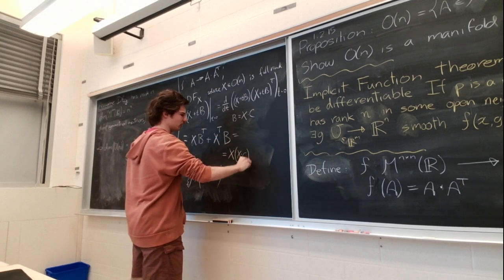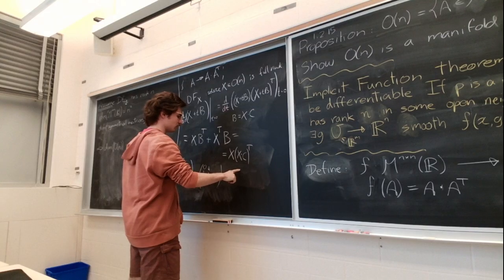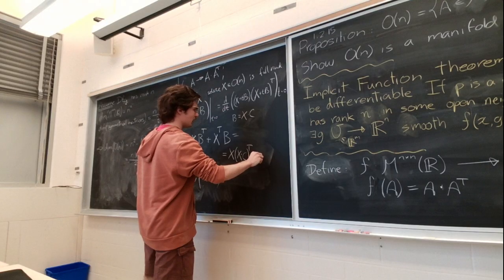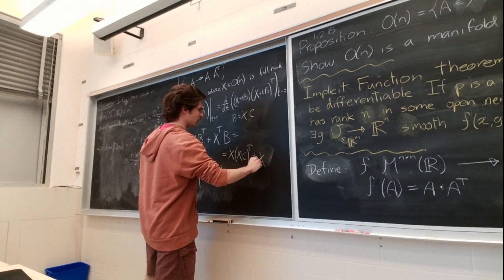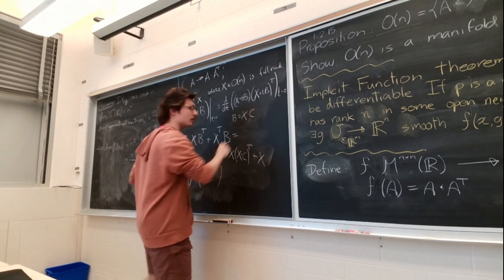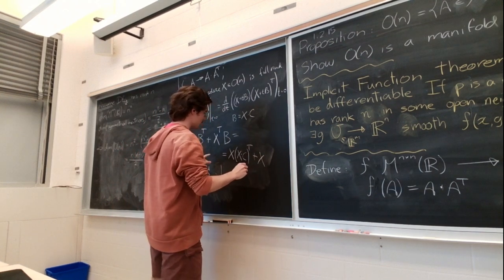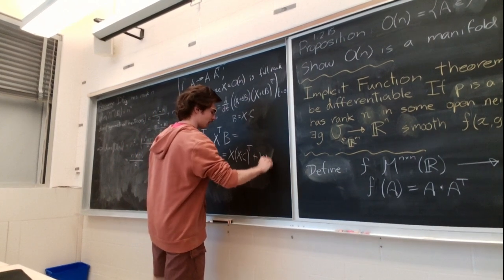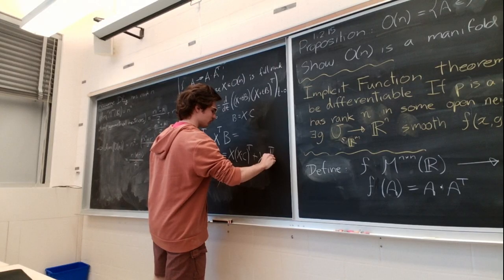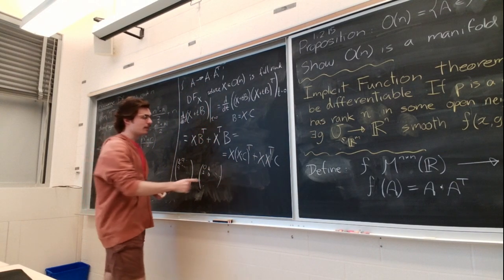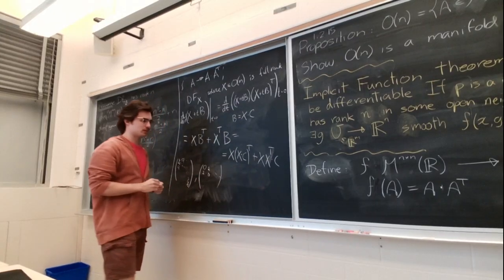x times C transpose. Wait, maybe this isn't quite what I want, but okay, let's double check. Maybe there's a particular condition that I want on C, but that's okay. X transpose times C. This, by assumption, is going to be what?